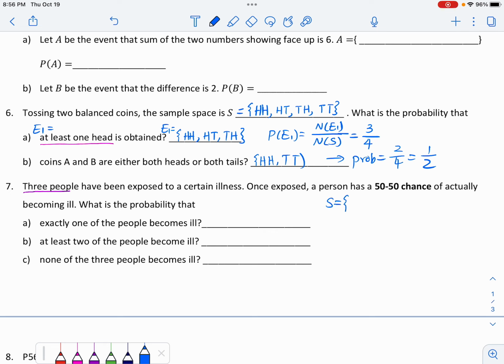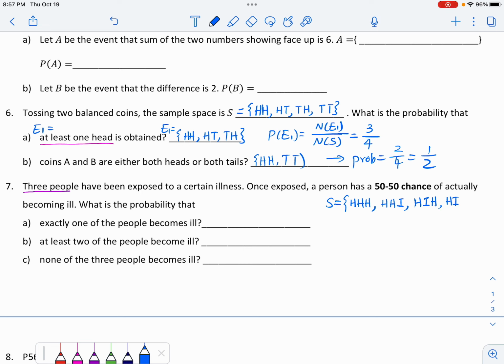It's possible that after the exposure, they're all still healthy, right? Let me use H as healthy. So it can be that these 3 people are all healthy. Or it could be that the third person becomes ill: HHI, I for ill. Or the second one is ill but the other 2 are healthy.